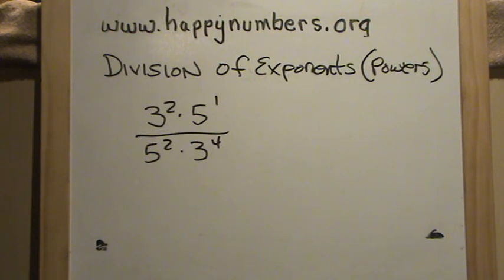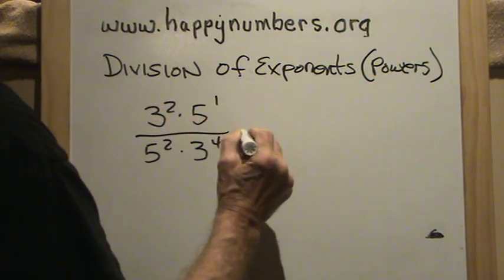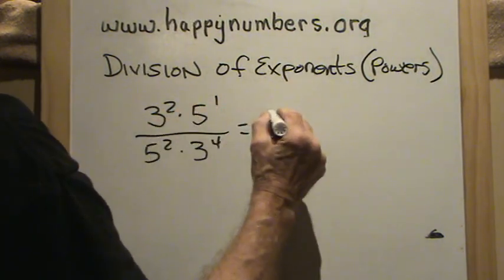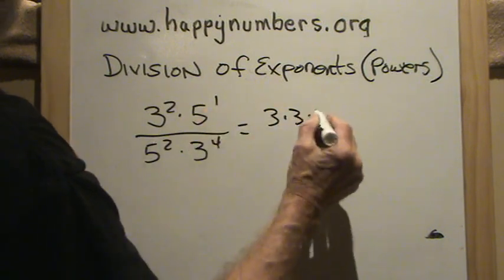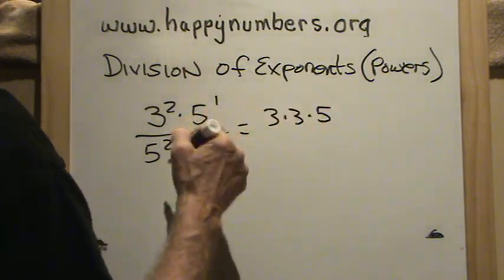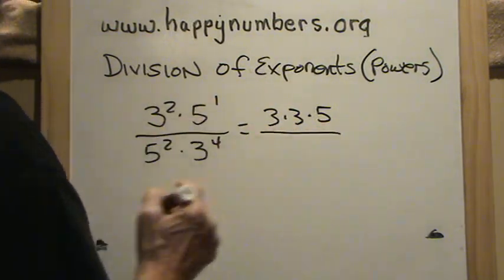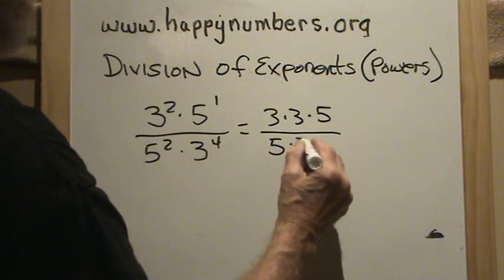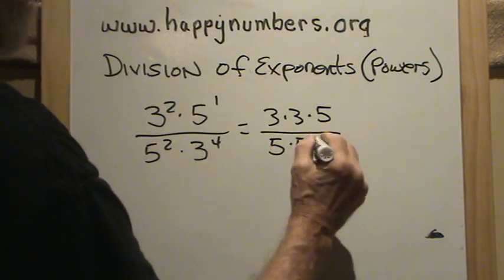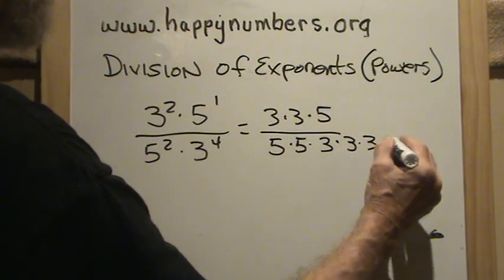Okay, so now when we expand this, 3 squared would be 3 times 3 times 5 to the first. That's just 5. We know a number to the first power is the number. Divided by 5 squared, 5 times 5, times 3 to the fourth. 3 times 3 times 3 times 3.